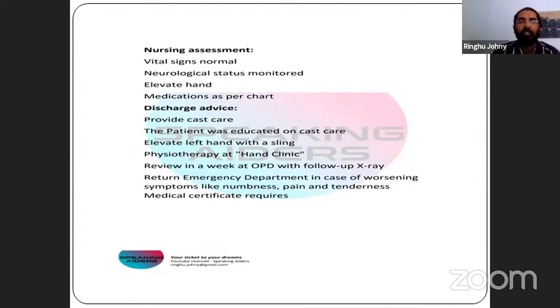Patient was already educated on cast care, so maybe we can say re-educate. Elevate left hand with a sling. Physiotherapy hand clinic. Review with an X-ray at OPD. And next thing is he needs to return to emergency department in case of any worsening symptoms. Lastly, he needs a medical certificate.